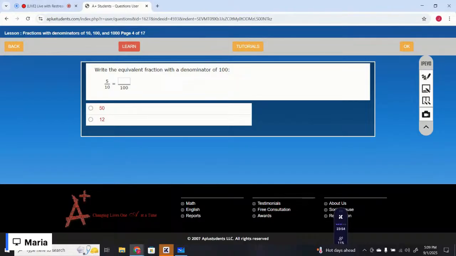Write the equivalent fraction with a denominator of 100. 50 over 100. Option number 1 is the correct option.